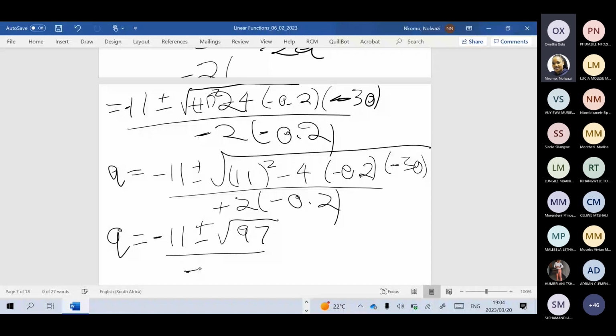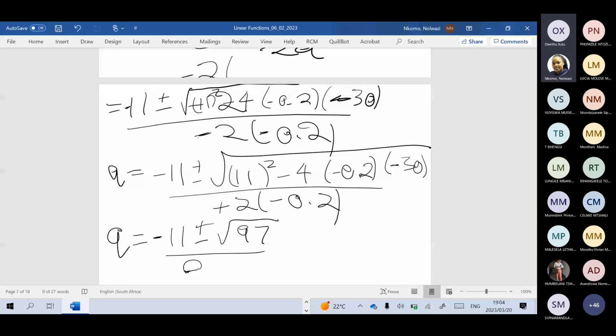You see, if the expression in the brackets is equal to 0, that means we'll have one root, because minus 11 plus the square root of 0, which is 0, over minus 0.4, you'll get the same number. We are adding or subtracting nothing. That's why you get just one value.